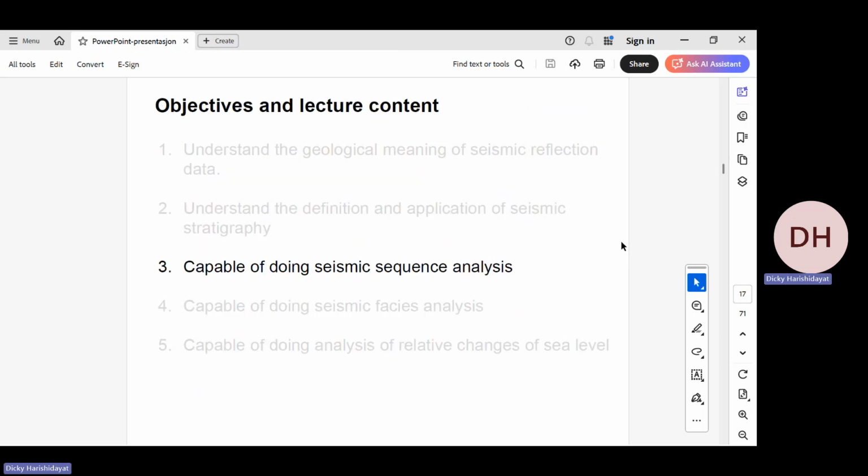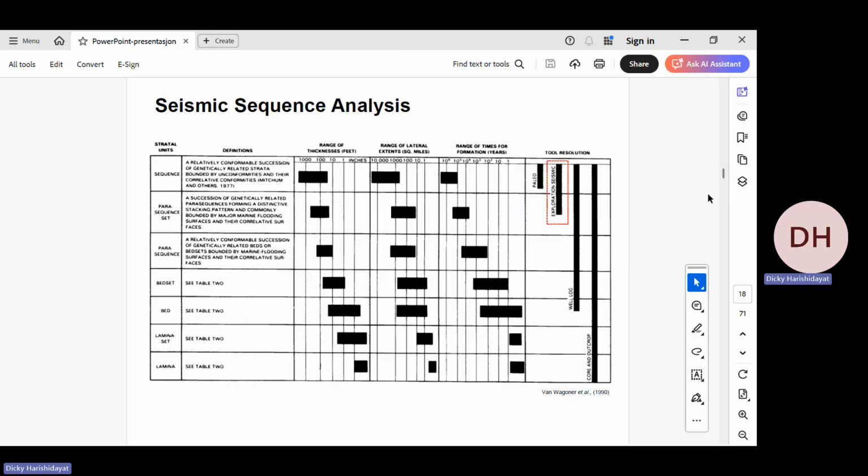So next, we need to discuss seismic sequence analysis. So this is the lateral unit related to the vertical and horizontal resolution of the data. In this case, we have core and outcrop data, we have log data, we have seismic data, and this is the paleo topography of the data.